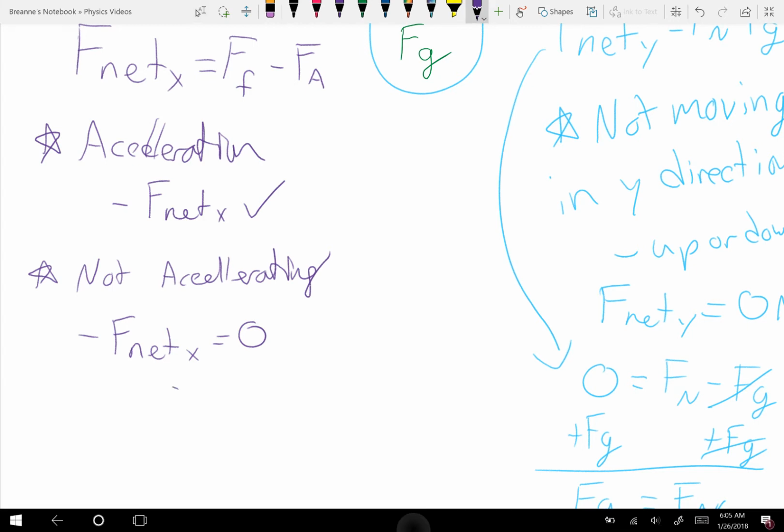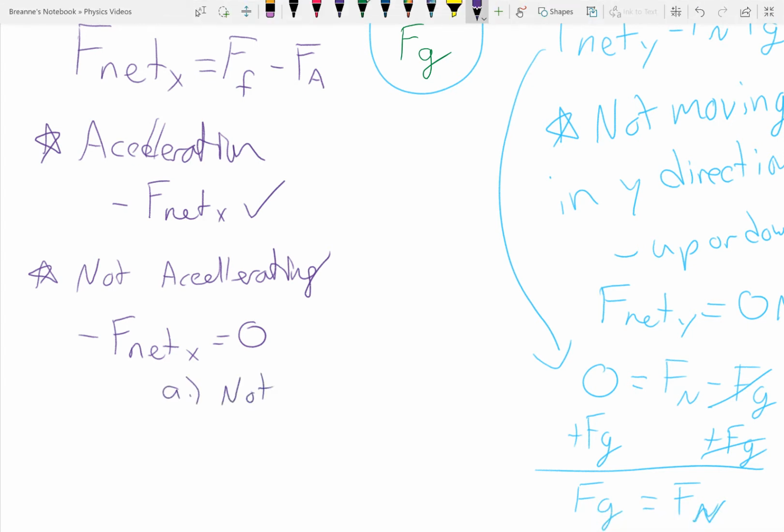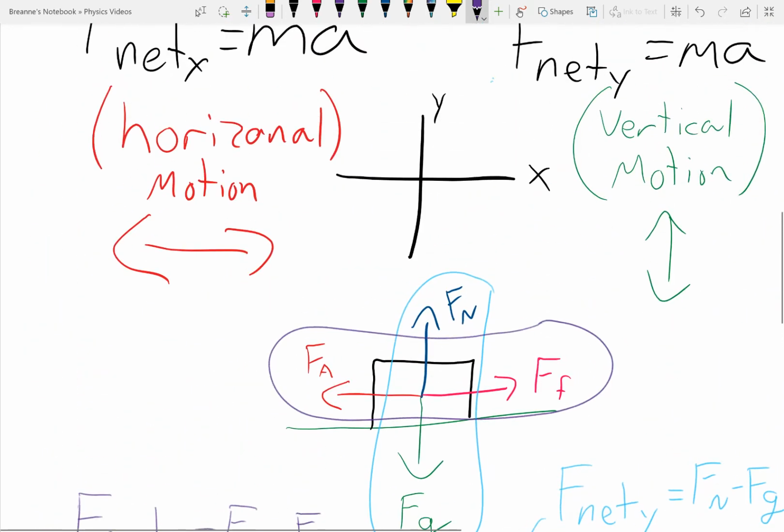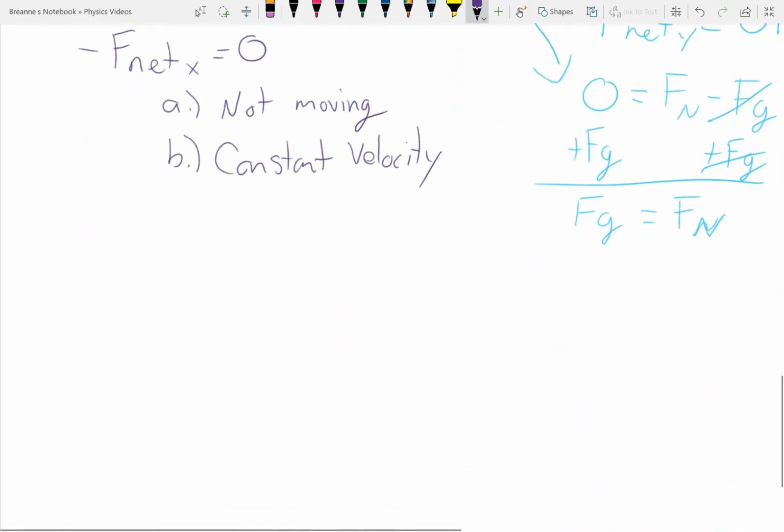It's either A, it's not moving, like our y direction over there, or B, it's moving at constant velocity. Both of those will get you a net force of 0. And again, you would just set them equal to each other. But if you do have acceleration, you do have a net force. Okay? So that's kind of the logistics of net force.